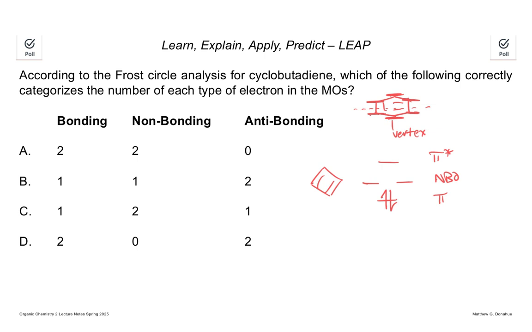We have 2 electrons left. So up and up. You have to basically put electrons into the degenerate orbitals so that each gets one before you go back and spin pair them. So bonding would get 2, non-bonding 2, and anti-bonding 0. So A is the correct response.